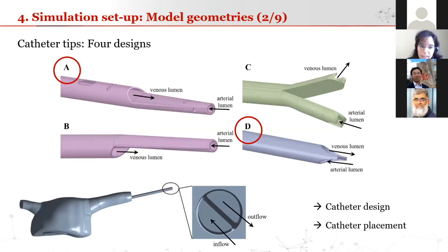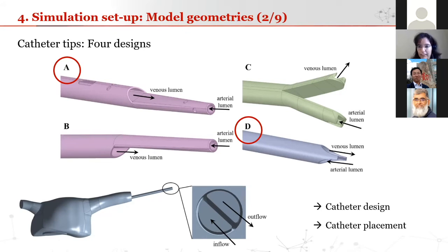Then for the designs, we chose 4 different types of design. A and B are step tips where they have the same design except that A has side holes while B doesn't. C was a split tip and D is a symmetric tip.